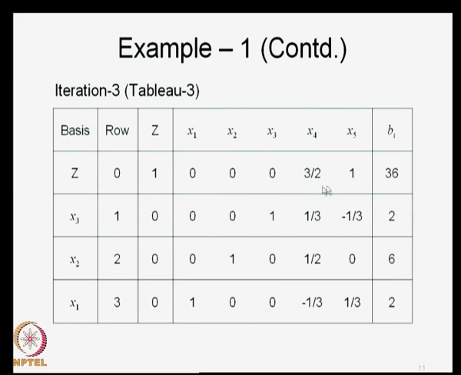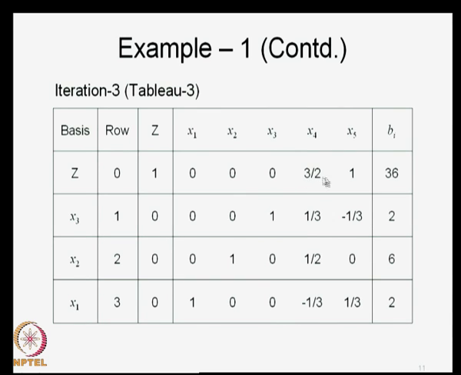So, the optimality criterion here is that there should be no variable which has a negative coefficient, because if there is a negative coefficient, that variable can be brought back into the basis and we can improve the value of z. In the final iteration, x4 and x5 are the non-basic variables, and x3, x2, x1 are the basic variables.